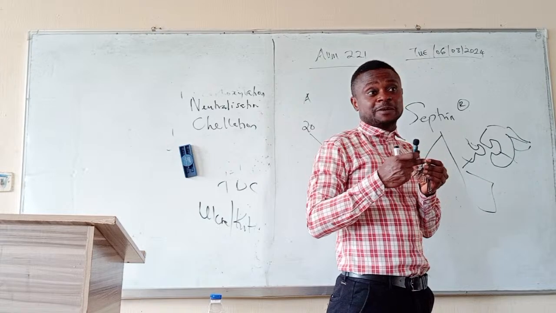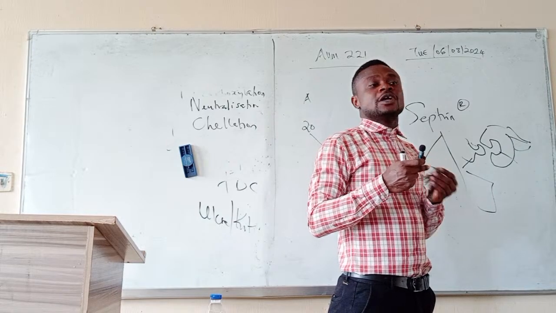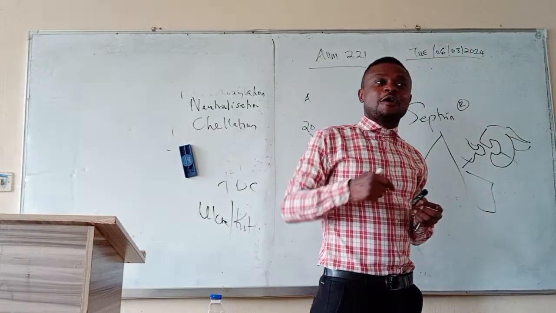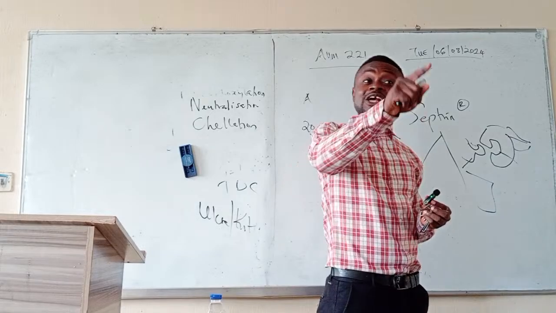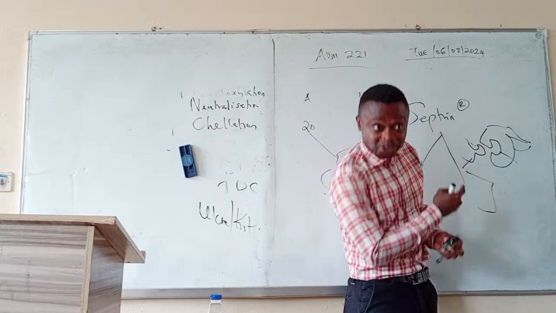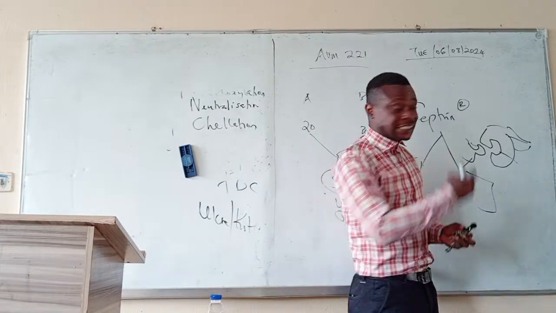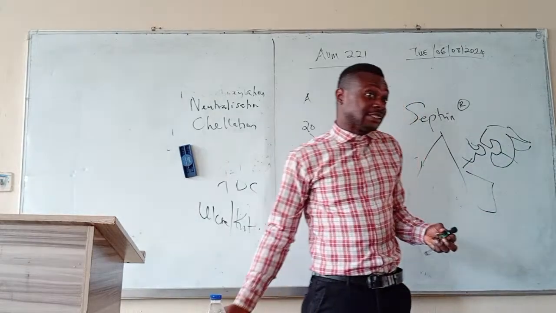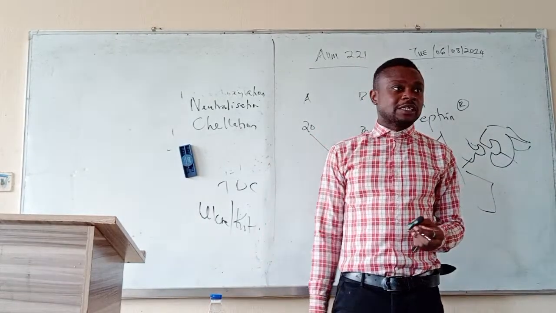So this is how receptor and agonist work. Now, for an antagonist to compete with an agonist, the antagonist must have a similar structure. If the structure is not similar, it cannot compete with it. Am I communicating?